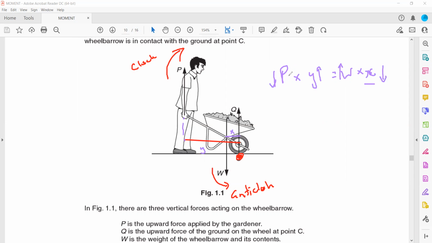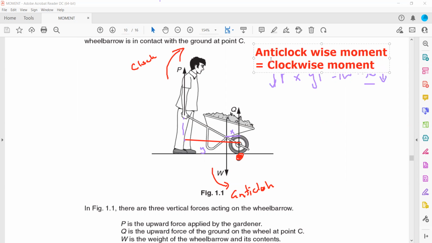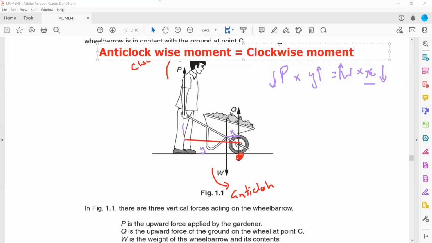So when objects are in equilibrium or balance, those forces which are acting closer to the pivot have a greater value as compared to a force which is acting away from the pivot. So as the reason here, you will mention the clockwise moment is equal to the anti-clockwise moment. That is one thing. And then P is acting away from the pivot, so that's why it is smaller.